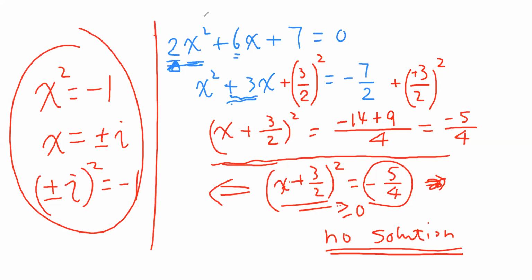One of my homework problems actually assigned this one. I accidentally assigned this one here. So this one can be changed into, you can choose no solution, or you can change it into x plus 3/2. Here this one became times -1, positive negative i.